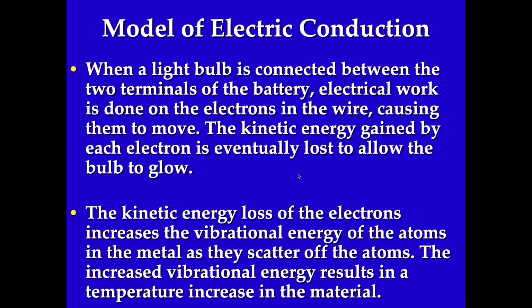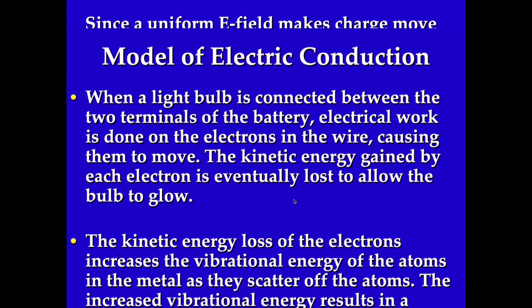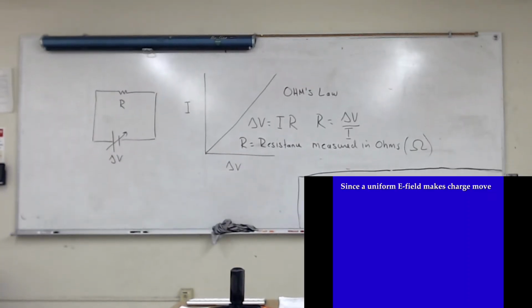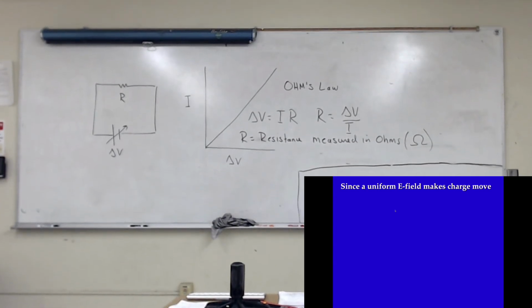And then that energy goes into increasing the vibrational energy of the atoms in the metal, and the material warms up. Makes sense. So I want to just talk about a simple model. And the reason why I say it's simple is that we're not taking into account quantum mechanics, which we won't do at this level.